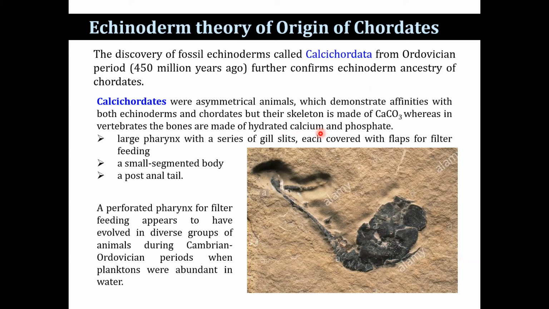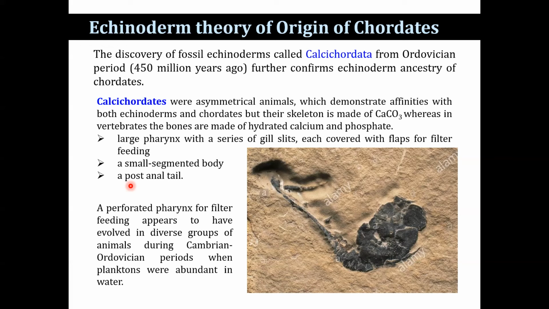They had a large pharynx with a series of gill slits, each covered with a flap for filter feeding, a small segmented body, and a post-anal tail. A perforated pharynx for filter feeding appears to have evolved in diverse groups of animals during the Cambrian-Ordovician period, when planktons were abundant in water.